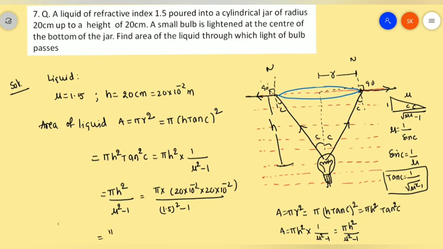Then pi into 4 hundredths into 10 to the power of minus 4, and the denominator: 1.5 whole square is 2.25, 2.25 minus 1 is 1.25. Then that is 125 by 100, and the 100 goes to the numerator. Then we get 4 pi by 1.125 meter square. This also we have to simplify, and finally we get the area through which the light passes.